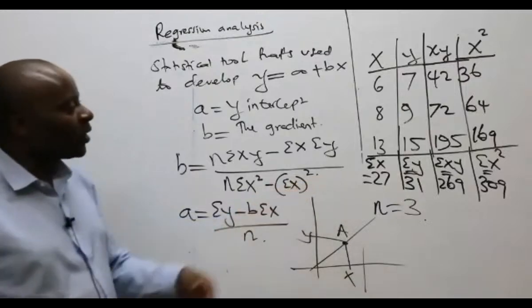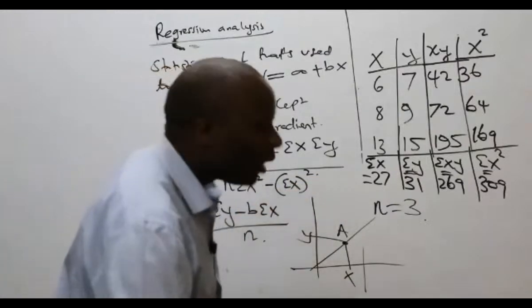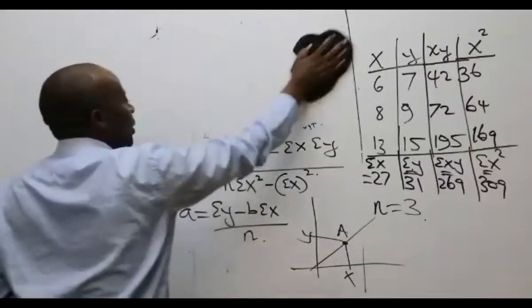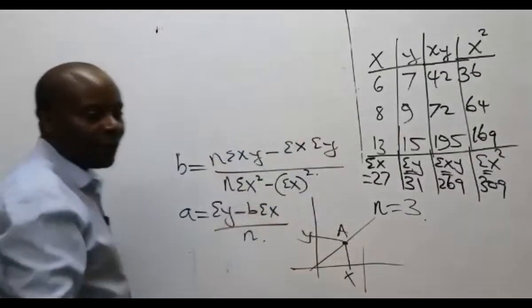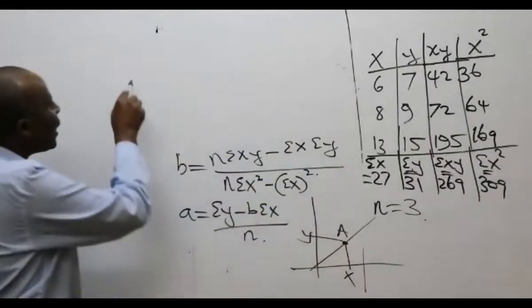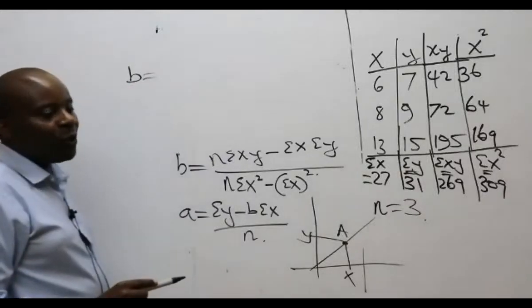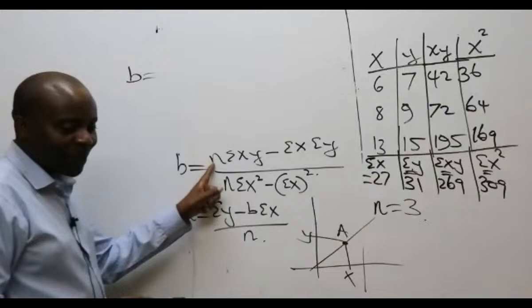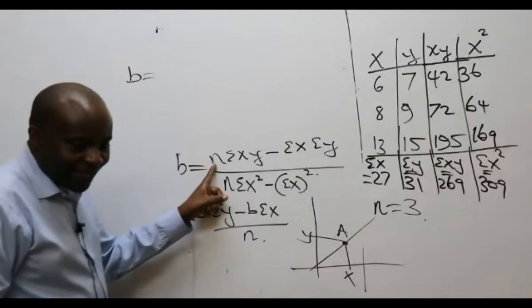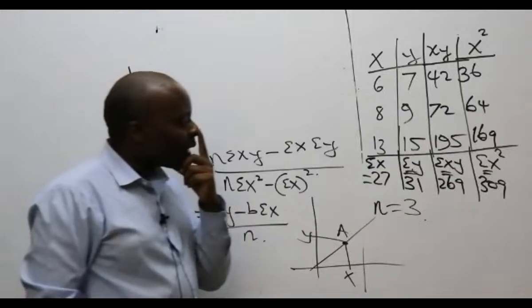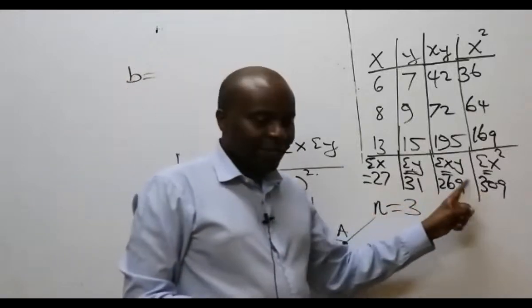The next thing is to plug in the values that we have into the formula. So please give me the value of B. Brian tells me to interchange 269 and 309.